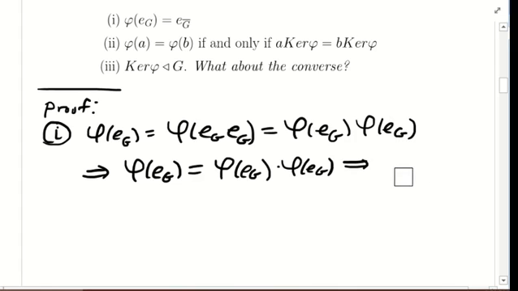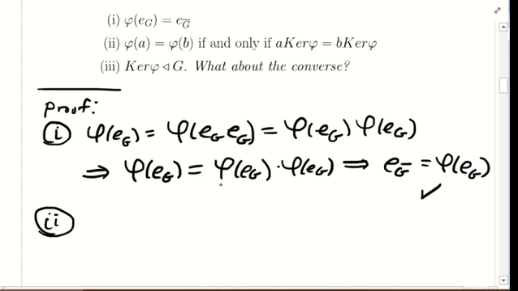Basically just multiply both sides on the right by the inverse of whatever that is. And what you get is the identity on one side is then what's left on there. So that worked out. Okay, about this next part.